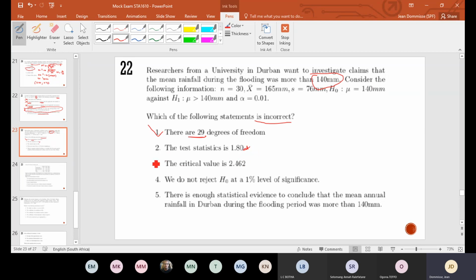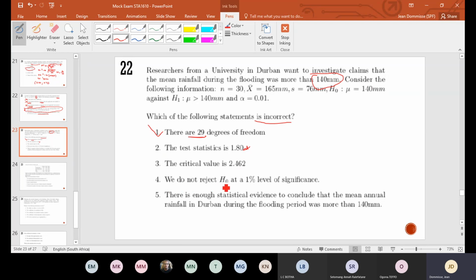So let's first see the critical value, the one that we will look for on the table. I would probably look at that one first to see if it can't be the one.